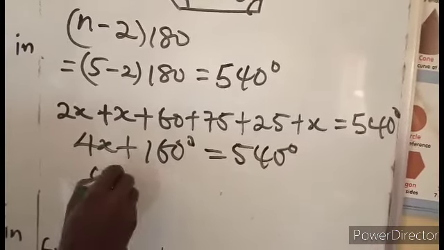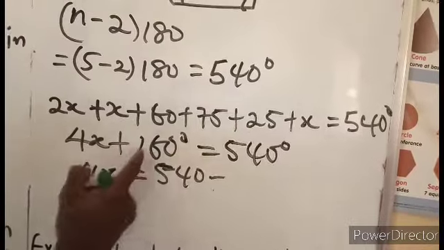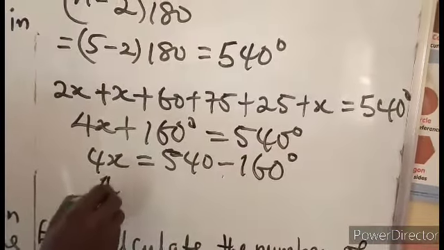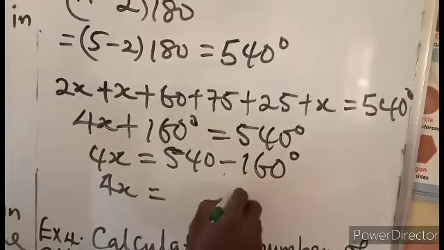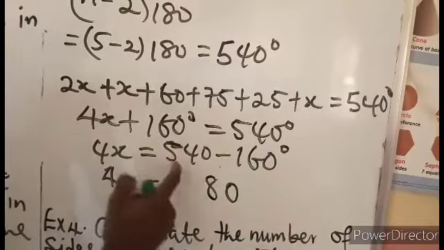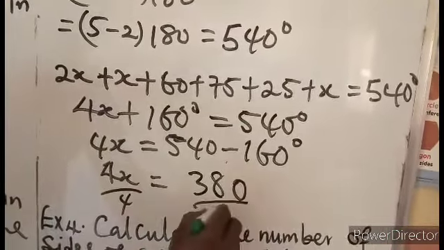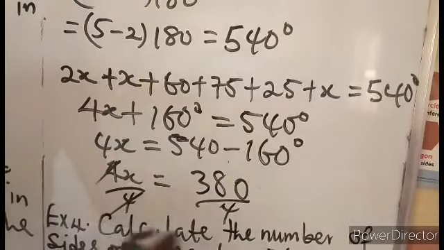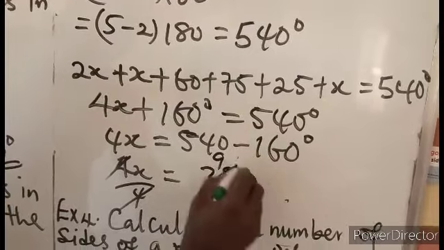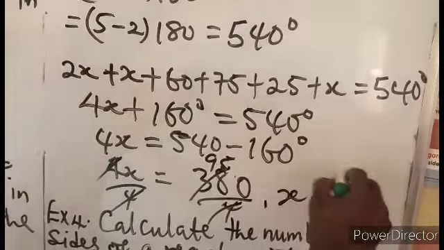So 4x is equal to 540 minus 160 degrees. So 4x is equal to what? 380. Divide both sides by 4 to get your x. So your x is equal to what?